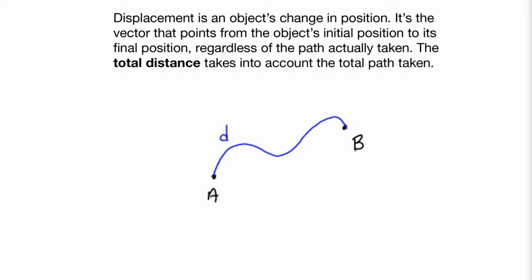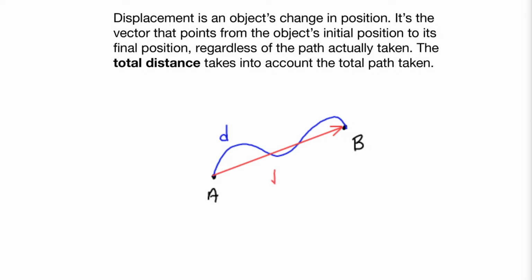But the displacement is the length of the straight line path that connects where the object started to where the object finished. And it has direction. So displacement is a vector quantity. It's not just a numerical value, it has this direction associated with it, and it's independent of the actual path taken.